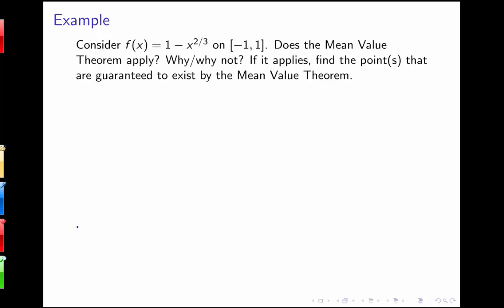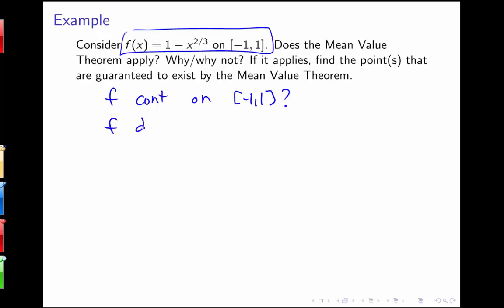So here we have f of x is equal to 1 minus x to the 2/3 on the interval from -1 to 1, and we want to know if the mean value theorem applies to this example or not. So I remember I need f to be continuous on this interval, so I have to check that, and I need to also check, is f differentiable on the open interval.